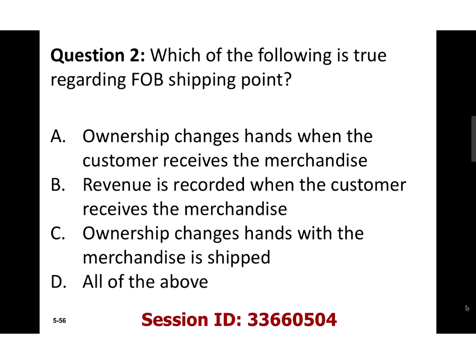FOB shipping point means we recognize revenue when it leaves the shipper's dock, and ownership changes when it leaves the shipper's dock. So everything happens at the shipper's dock: ownership transfers and revenue is recognized. If we were talking about FOB destination, the ownership changing hands and revenue recognition would happen when the customer gets it.